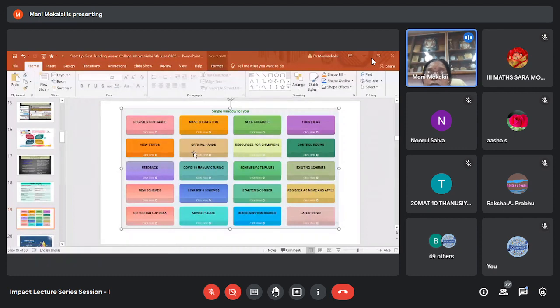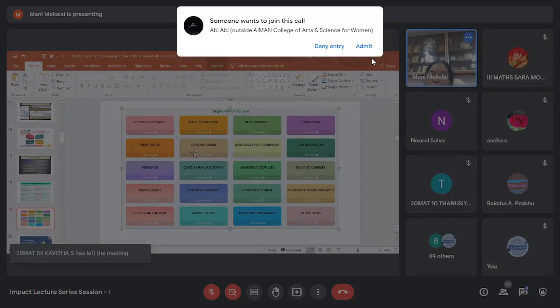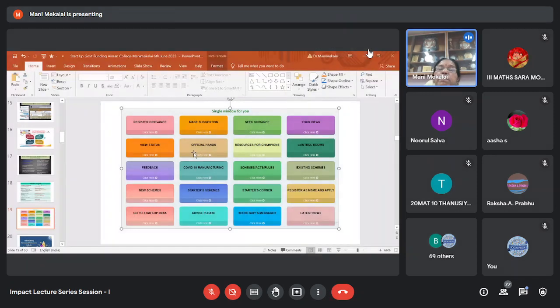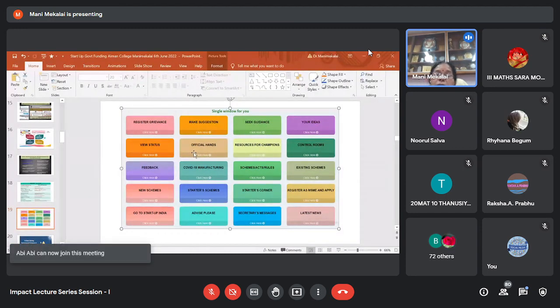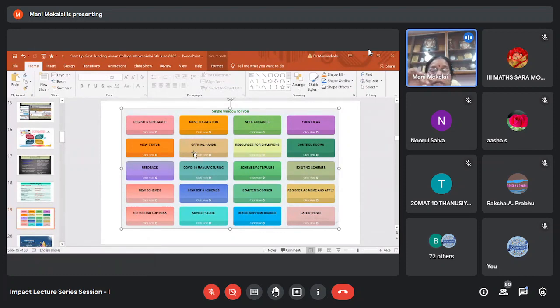Then resources for champions, because all said and done, resource is very important. So there has to be some kind of allocation from the government or from the political parties to meet the expenses. Then you also have to get the feedback, and in post-pandemic COVID-19, what the situation of manufacturing was, et cetera.